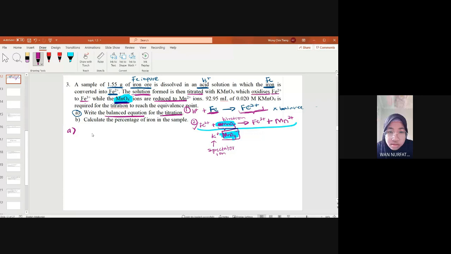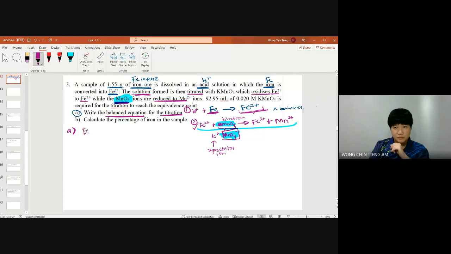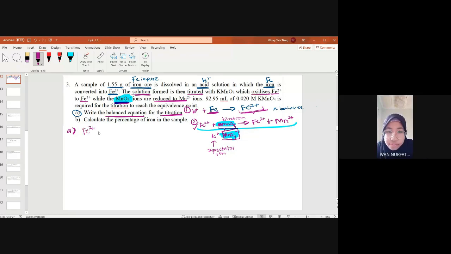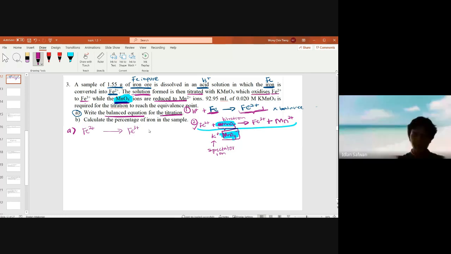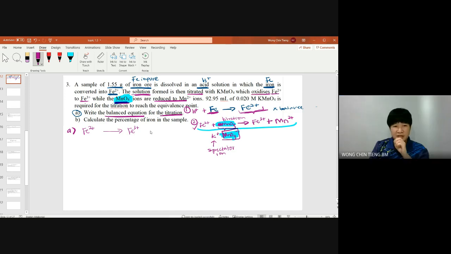Fe2+. Fe2+, betul? Anak panah Fe3+ je. Lagi? Elektron tambah 1. Tambah elektron 1 kiri kanan, Safan? Kanan. Tu je equation dia. Orang lain?